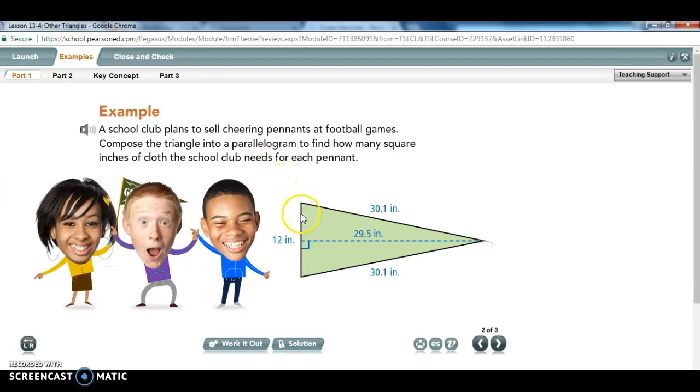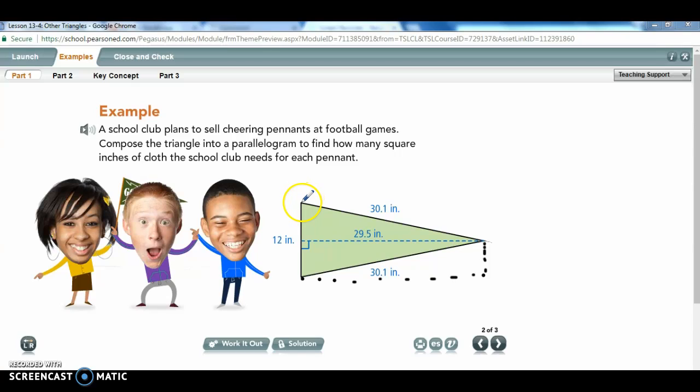If we were to cut this part off, flip it around, and slide it so that the point would be here and it would come across this way, and then up this way, we would create a rectangle.